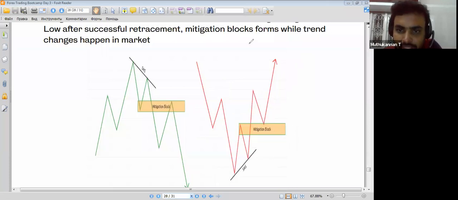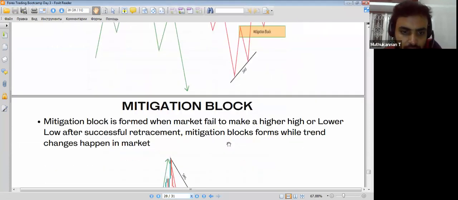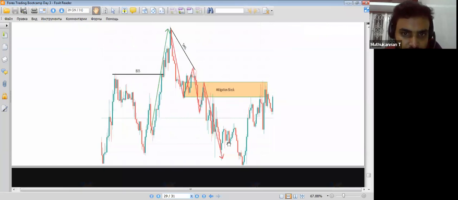Now let me show the example, then I'll ask you guys if you have any doubts. Now you can see here, there's a break of structure, right? The break of structure happened, and technically this would be your order block, right? You'll be buying from here. Price went up, and technically, what should have happened?